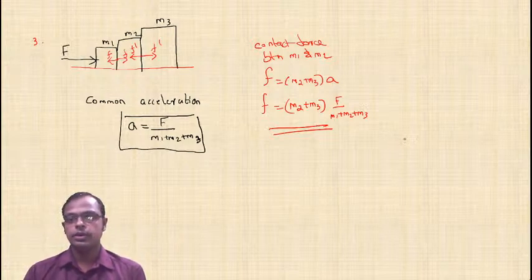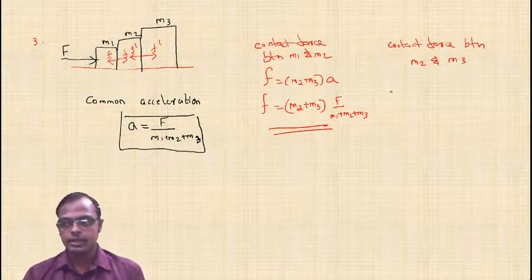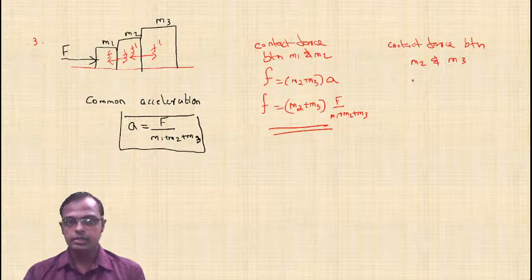Now, everyone please try the next one. What is the contact force between M2 and M3? That means we have written here F dash. Can you all calculate what F dash is?